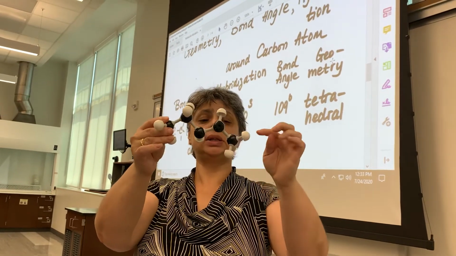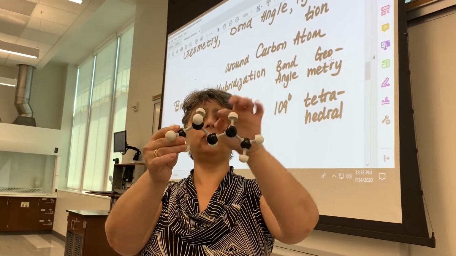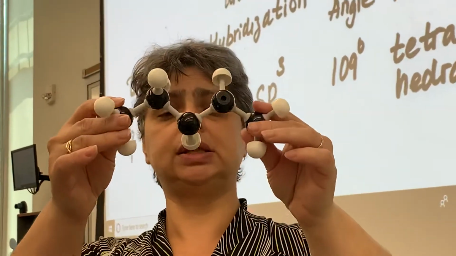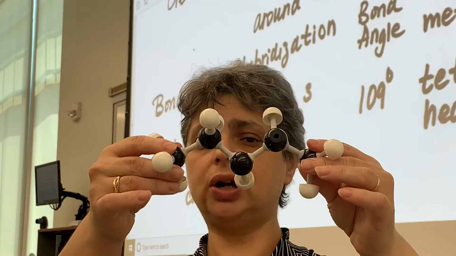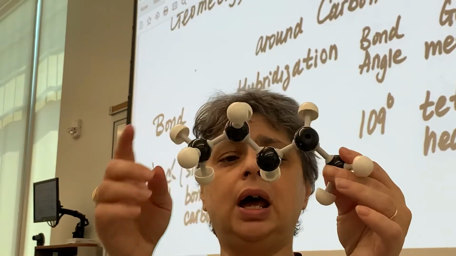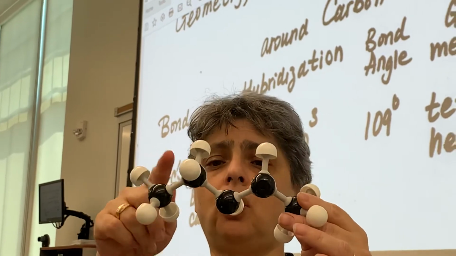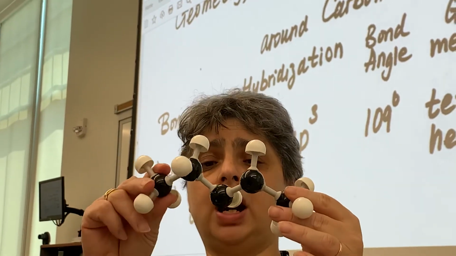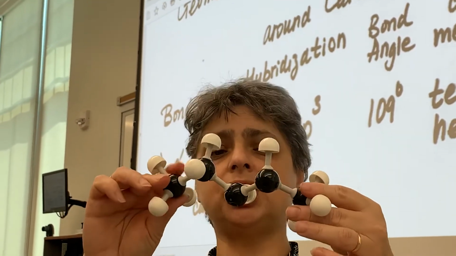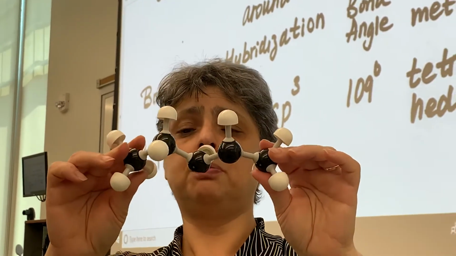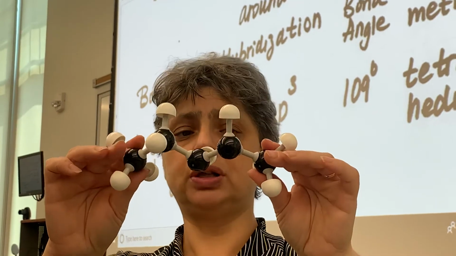So what I did is I took 1, 2, 3, 4, 5 carbons, and I put them in a chain, and you can see it's really not linear, it's not in a straight line. All these carbons have only single bonds, so all these carbons have sp3 hybridization of their orbitals, which allows them to have 4 bonds in a tetrahedral shape.